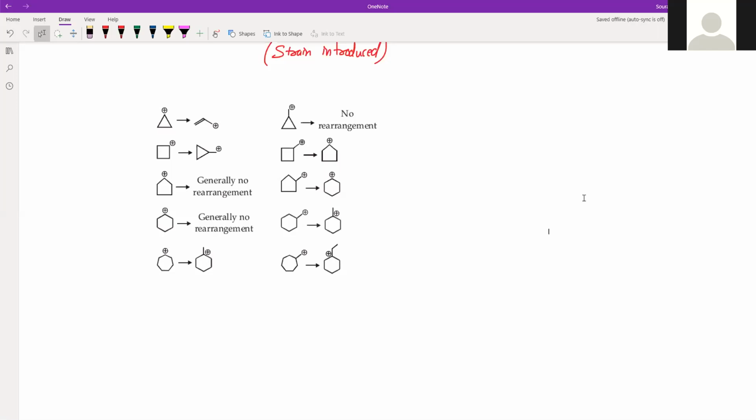But when there is something else attached to that conjugation, it causes the electrons to move in one particular direction, either towards that group or away from that group, right? Then that is called mesomeric effect.